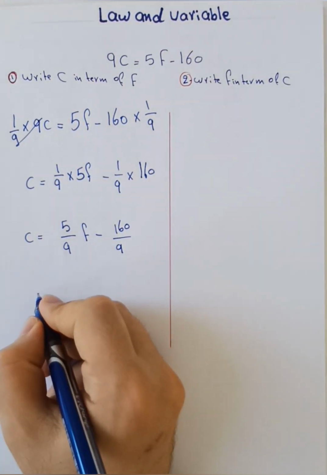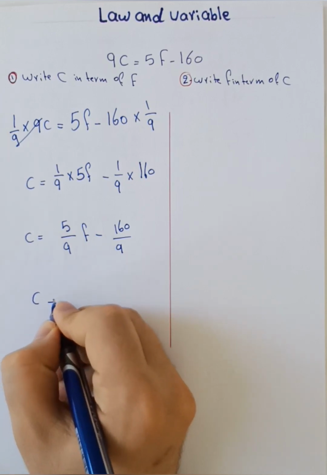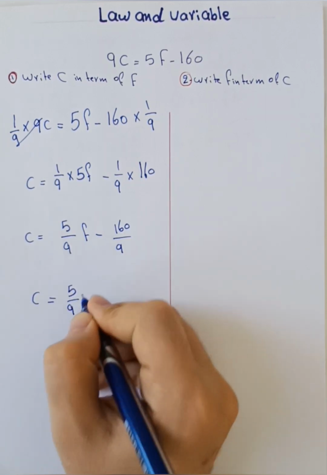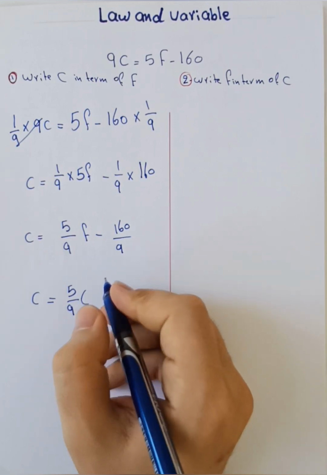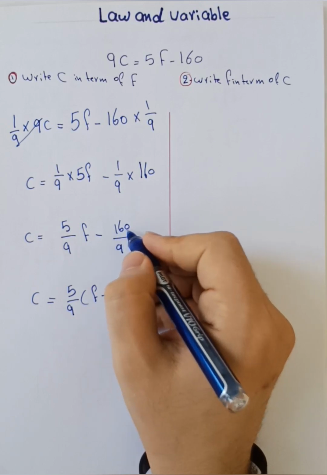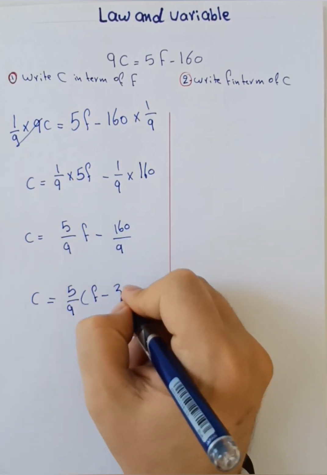After that, we can say c equal to 5 out of 9 multiplied by f minus 160 divided by 9 equal to 32.